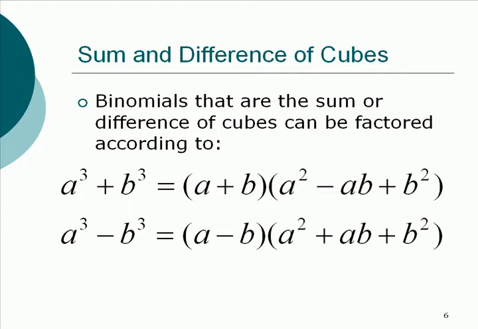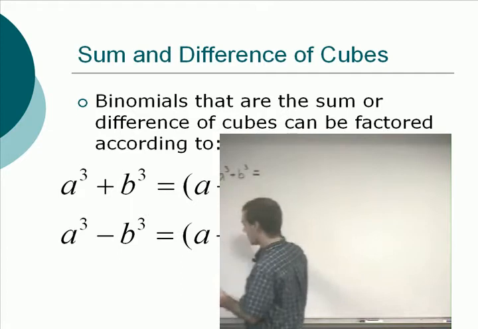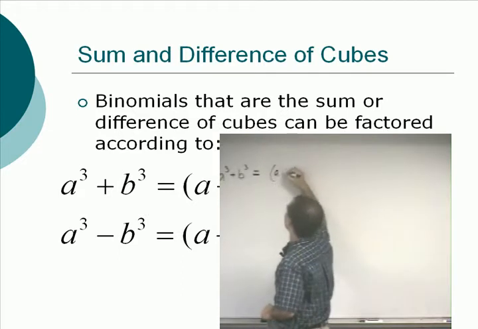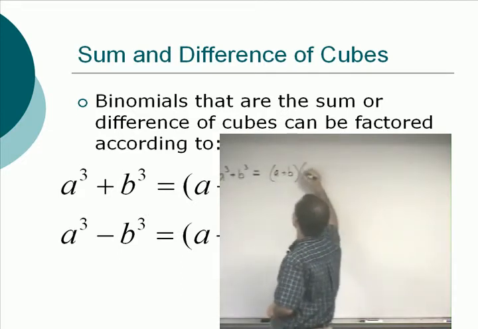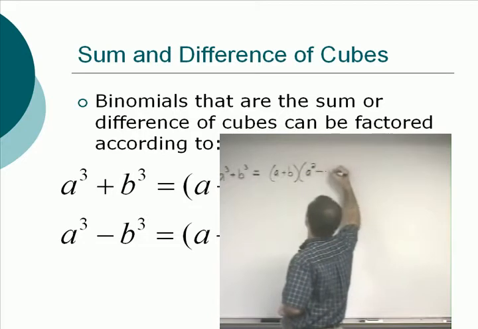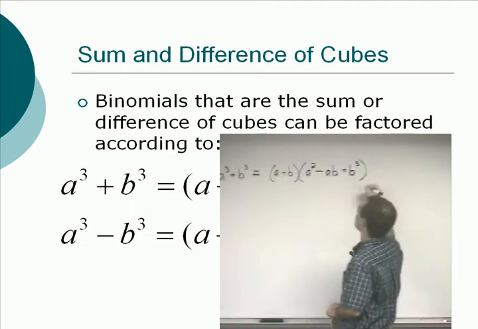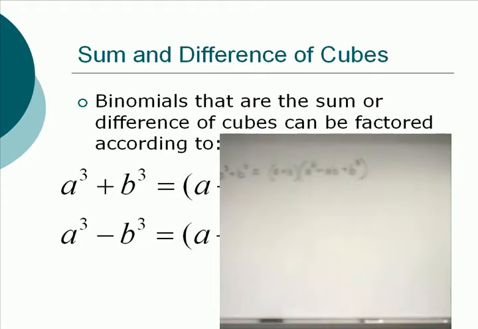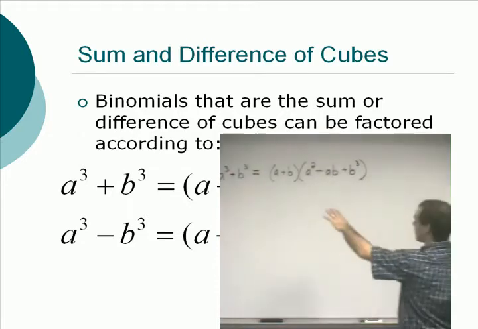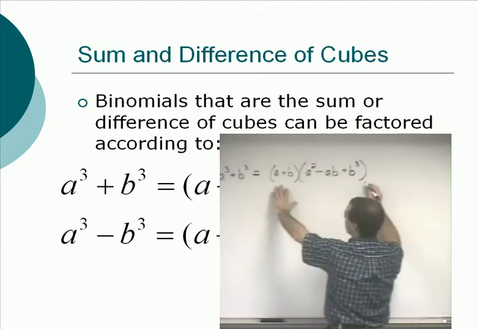We want to verify that a cubed plus b cubed is equal to a plus b times a squared minus ab plus b squared. Well, how do you verify that that is the factorization? Multiply it out, and we better be left with a cubed plus b cubed. So let's multiply these two out.